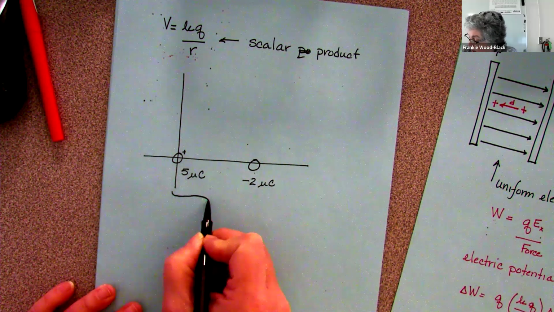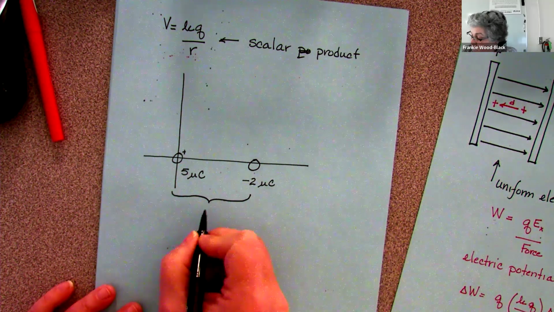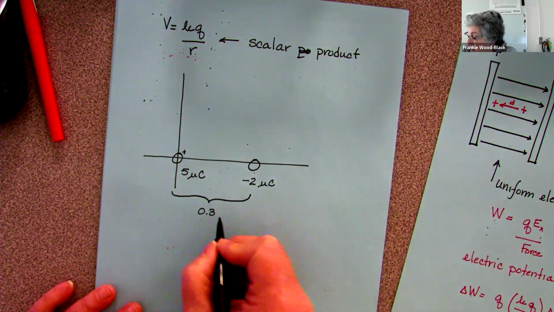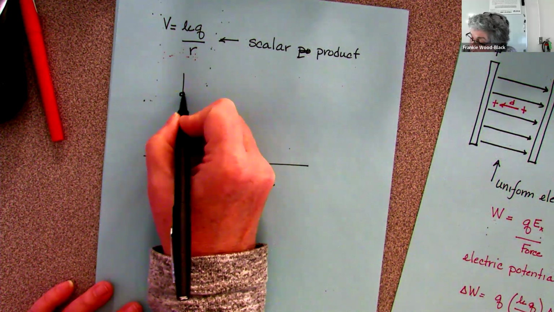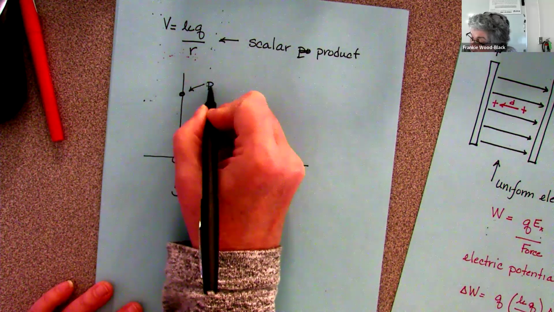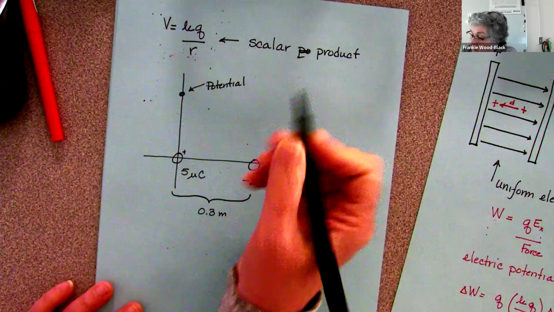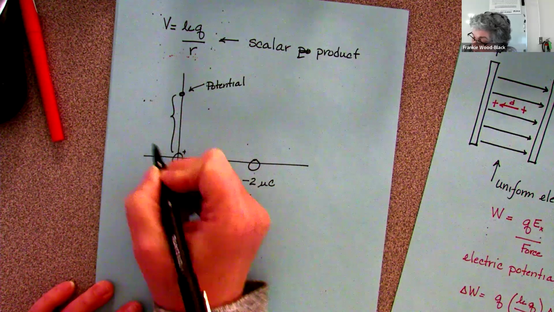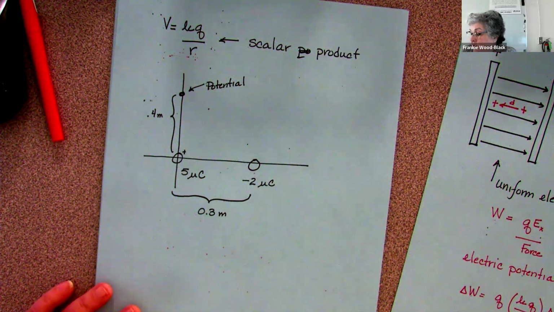These two are separated by a distance of 0.3 meters. I want to know the potential at this point, which is at 0.4 meters.